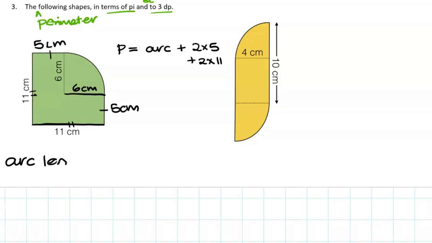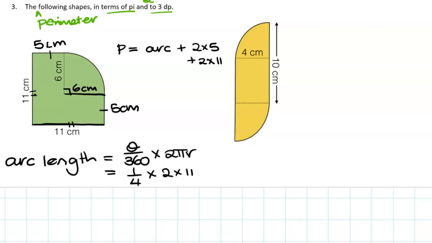That equals theta over 360 times 2 pi r, because we have radii here. Because that angle is 90 degrees, that would be 90 over 360, which would be a quarter. So a quarter times 2 times pi times the radius of 6.